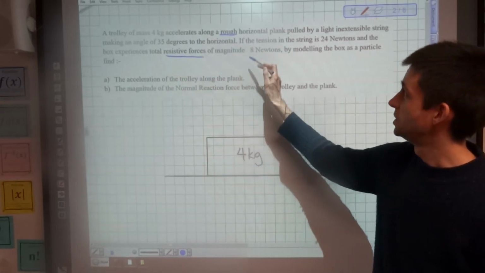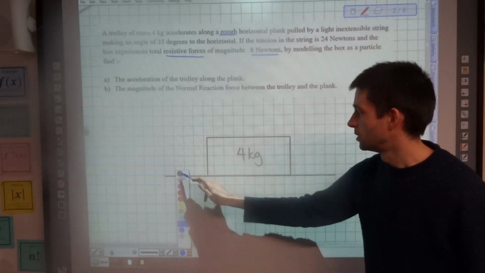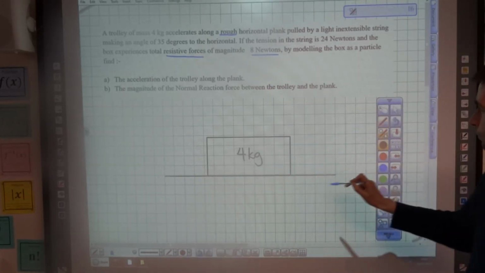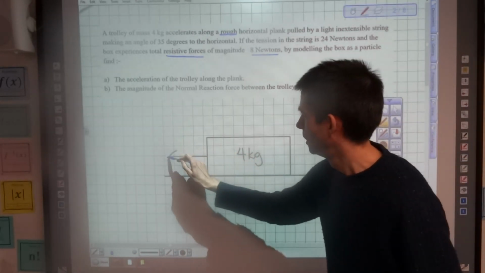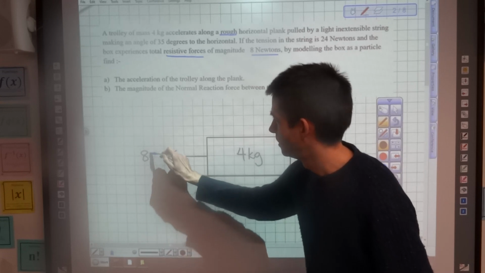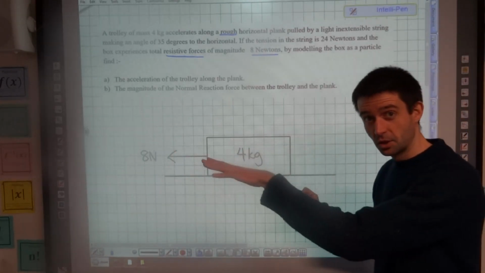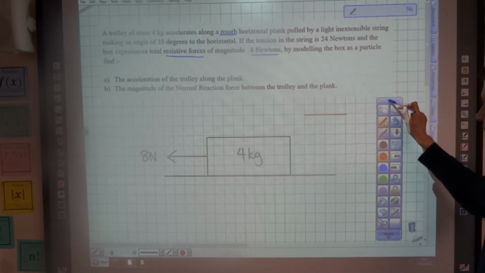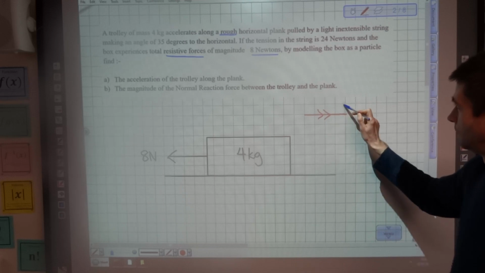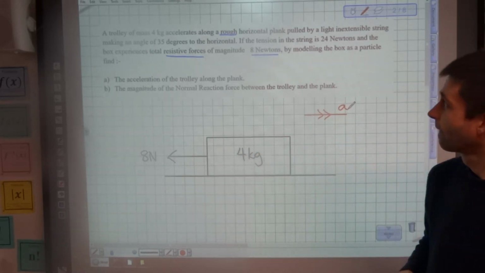So I'm going to draw a force arrow resisting the motion and label it with 8 newtons. Putting the resistance in that direction means I've assumed the particle is accelerating in the positive direction to the right.